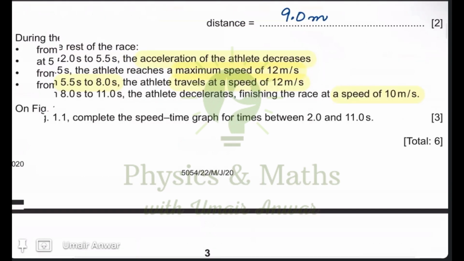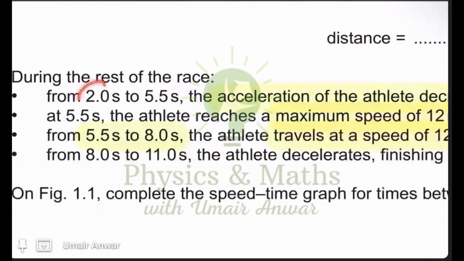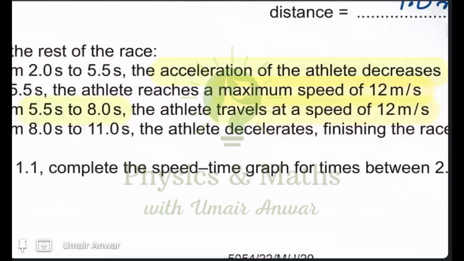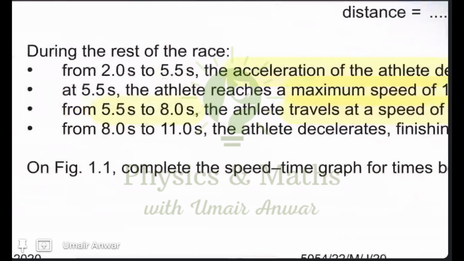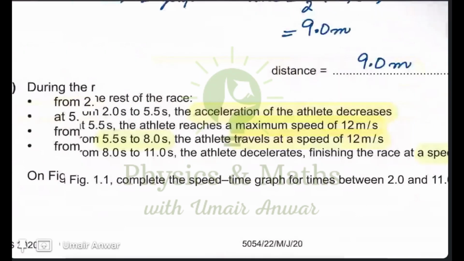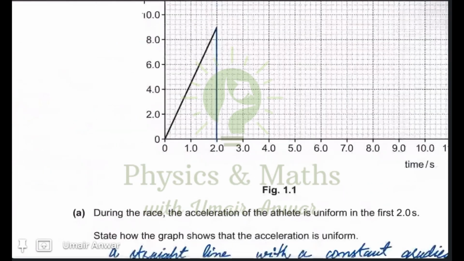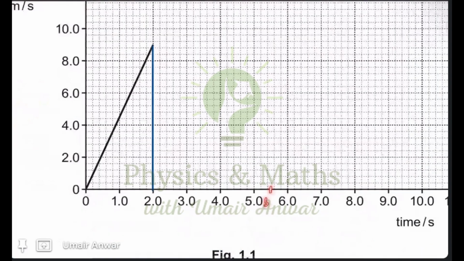Now the graph from 2 seconds to 5.5 seconds would show an acceleration, and at 5.5 seconds, the athlete is going to reach the speed of 12 meters per second. Now, this would be the point where we would be showing 5.5 seconds time. The speed at 5.5 seconds would be 12 meters per second.